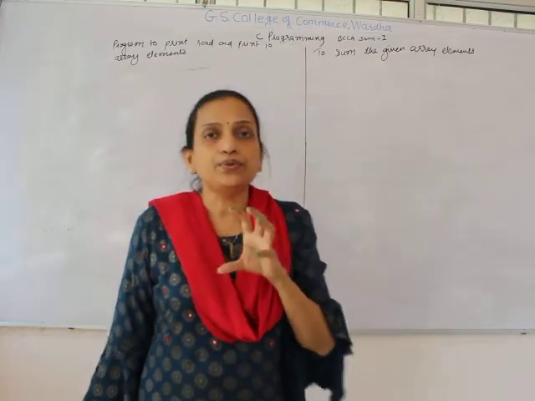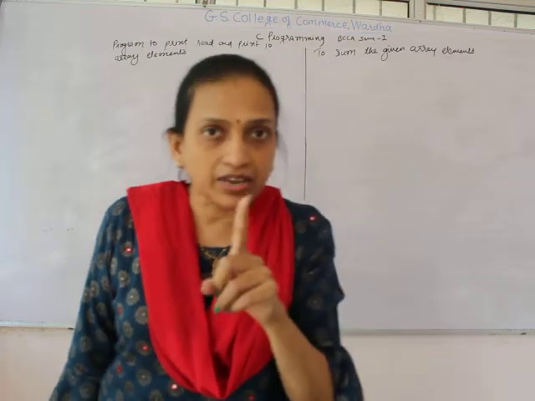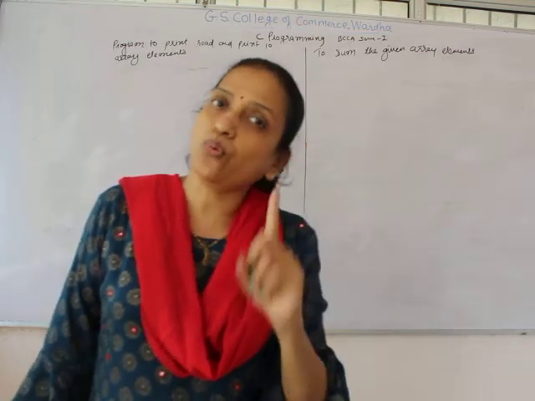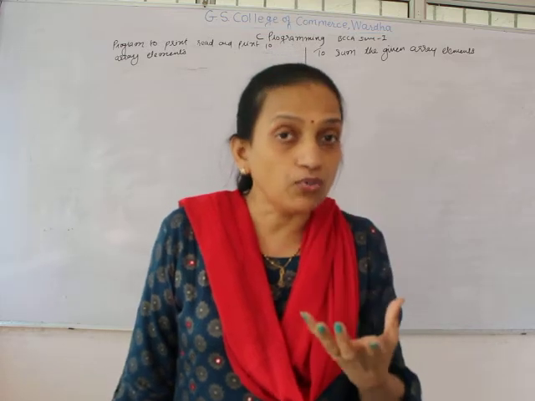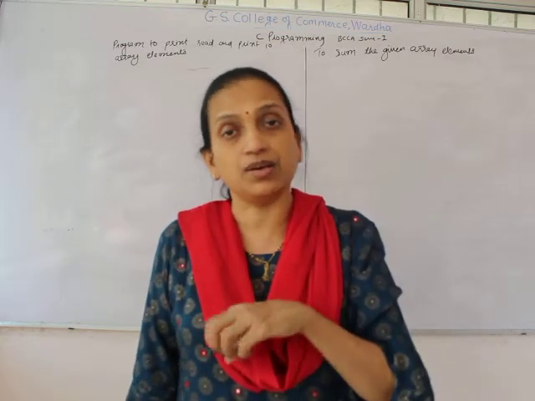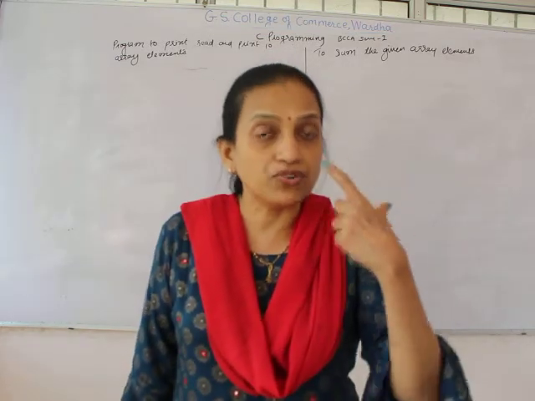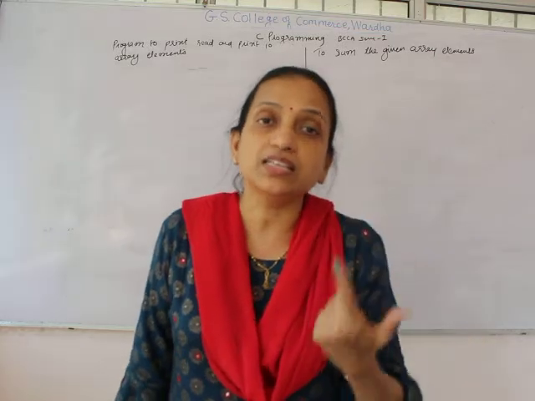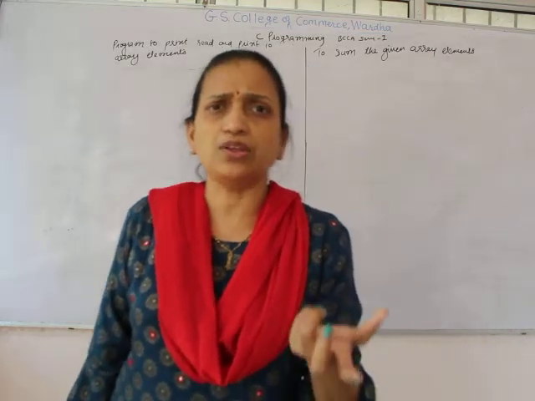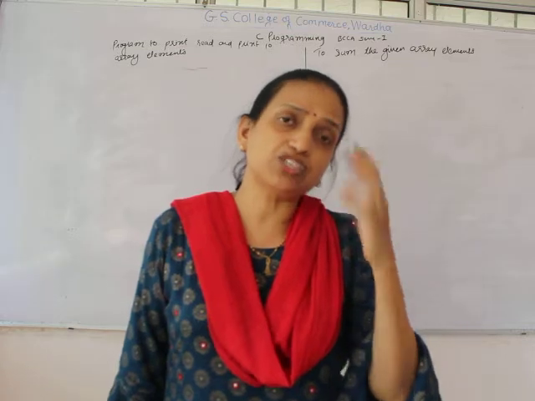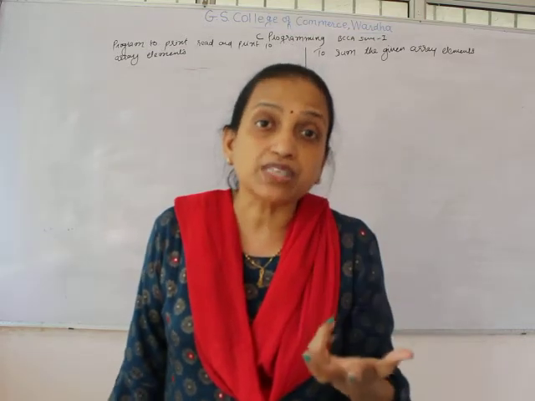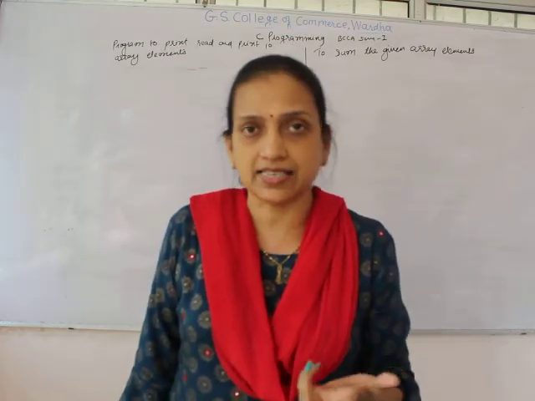A variable is capable of holding only one value, but if you want to store more than one value in the same variable, you have to declare that variable with its size, its subscripted value, which is also known as the size of the array.